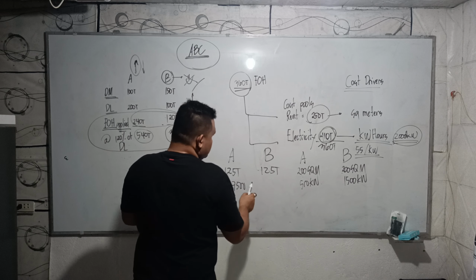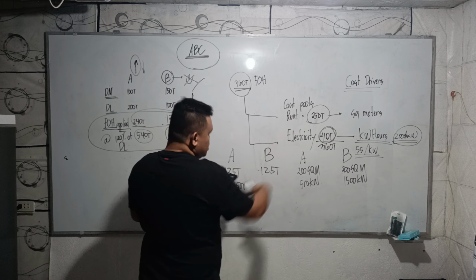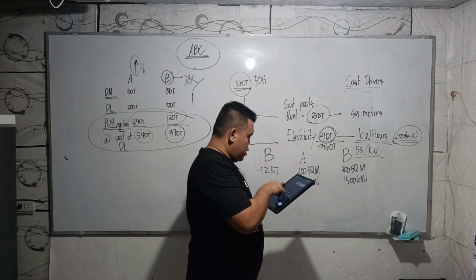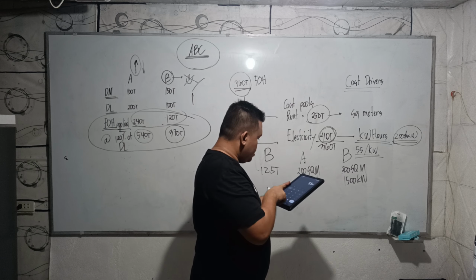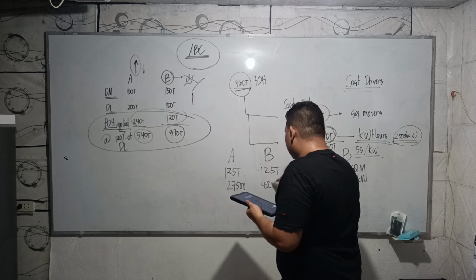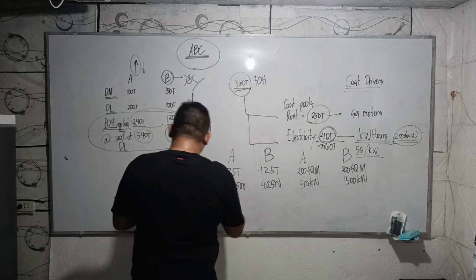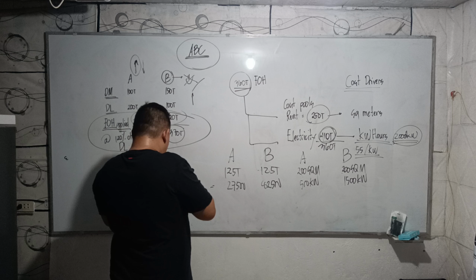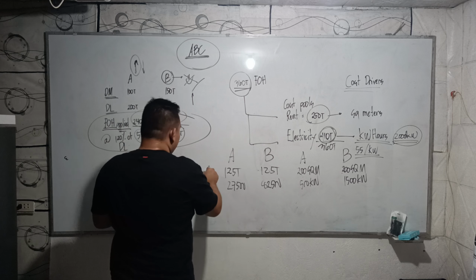Now if we're talking about B, we have 55 times 1,500. We have 82,500. So 27,500 plus 82,500 is 110,000, and this is 250,000.